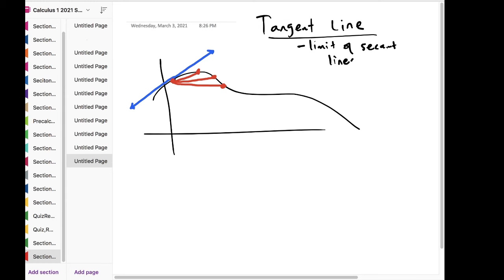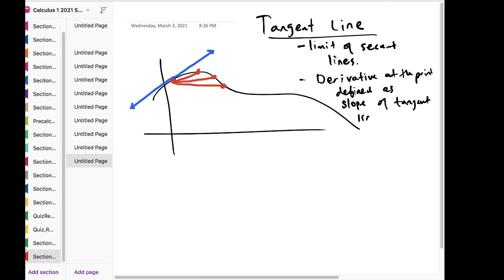And how does this tangent line relate to the derivative? Exactly right. The derivative at the point is defined as the slope of the tangent line at the point.